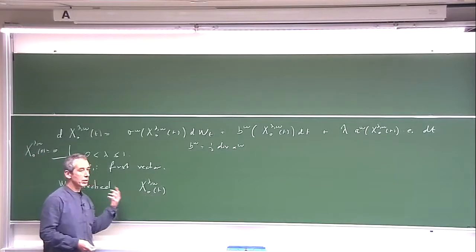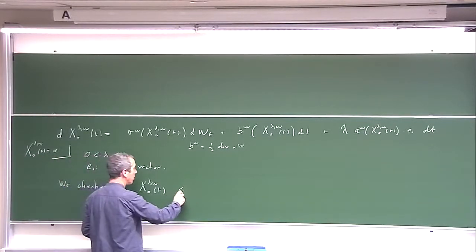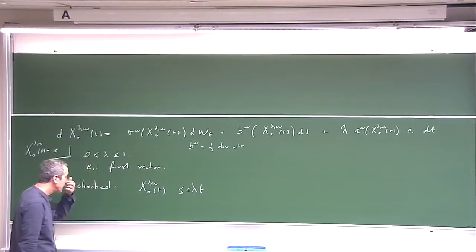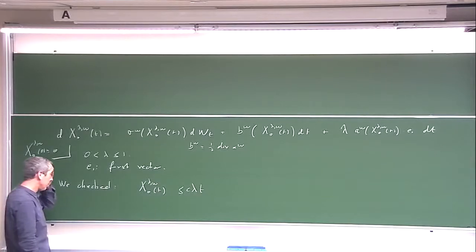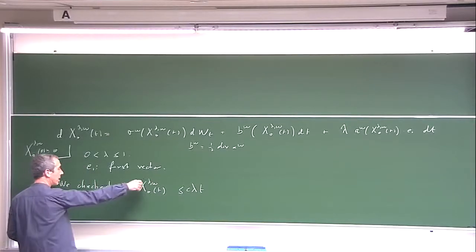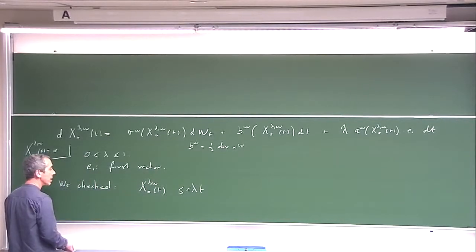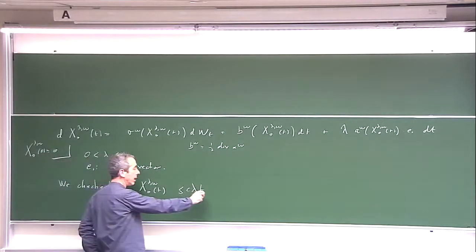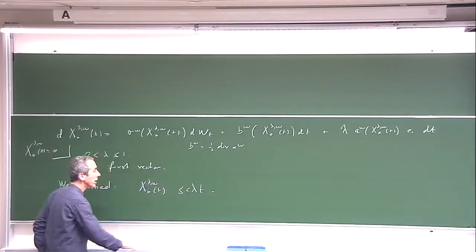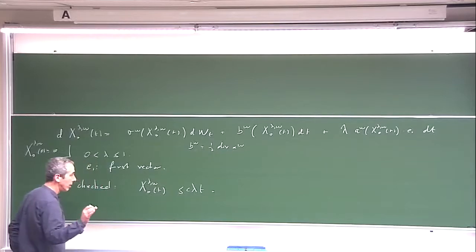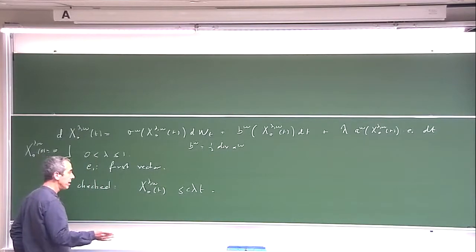We check that this process doesn't go too fast. It's smaller than some constant times lambda t. We proved things like this in terms of moments, and this is going to be true with high probability if C is large enough. And that is not very difficult, and actually we proved that in a more general case where we can add an additive functional which is in H^-1, not exactly in H^-1, in H^-1 infinity.